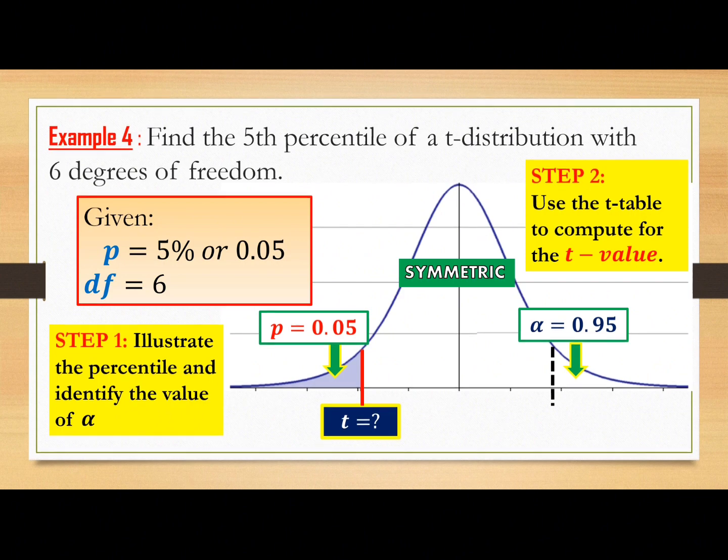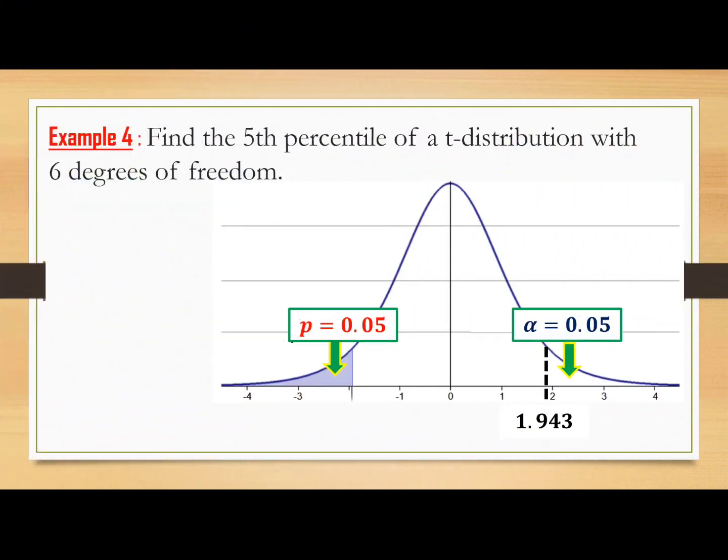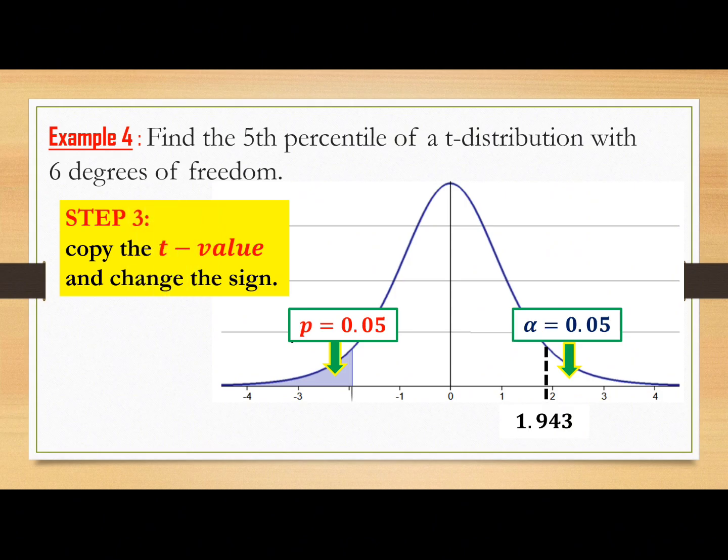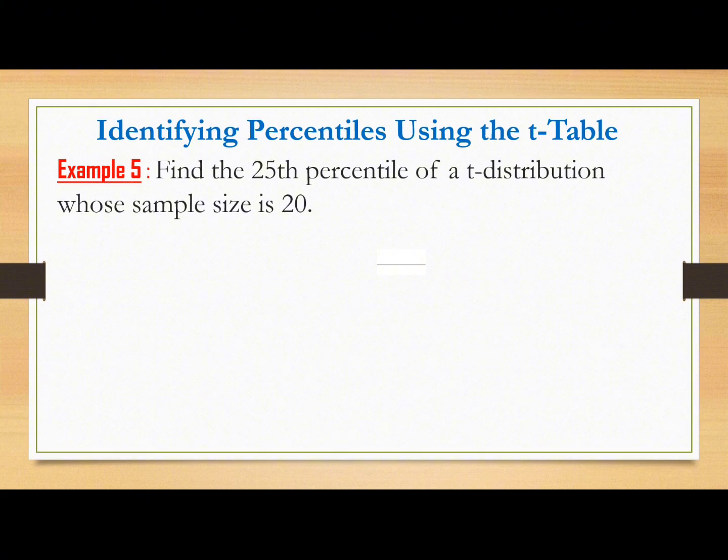Step 2 is use the t-table to compute for the t-value. What is our t-value? Okay, very good. Our t-value is 1.943. To get the t-value for our percentile of 0.05, we just change the sign. So, it becomes negative 1.943.